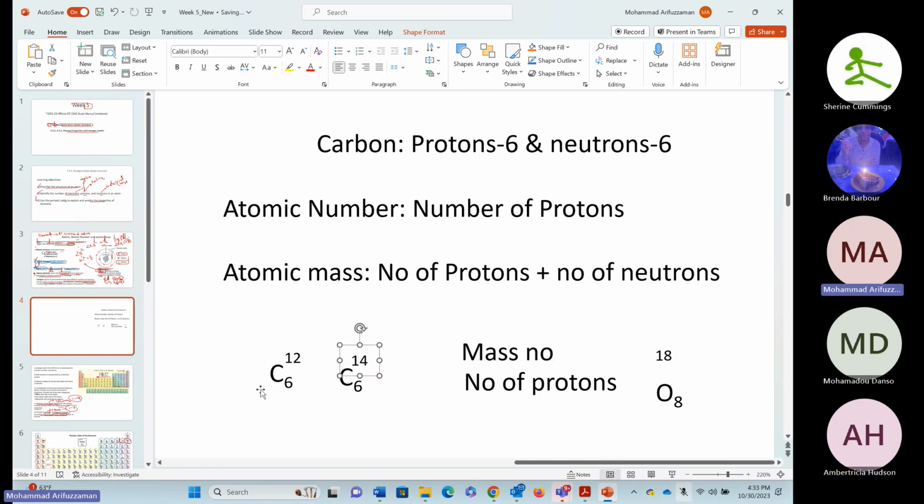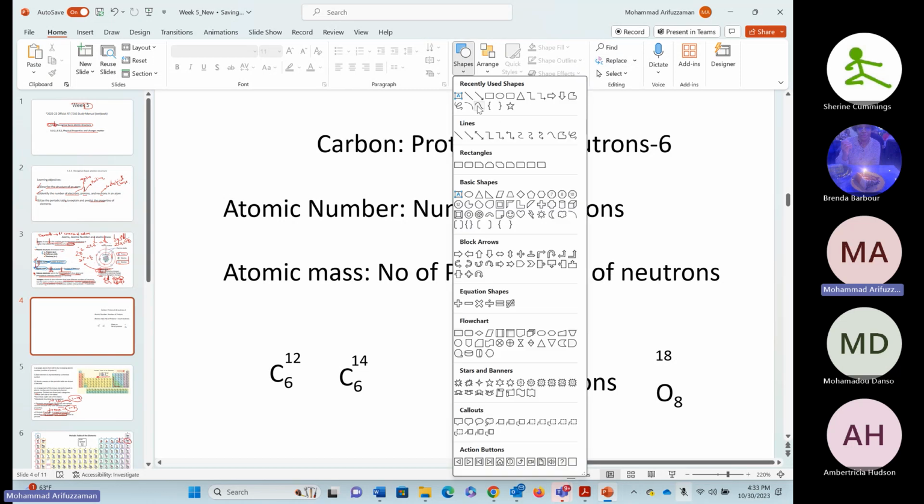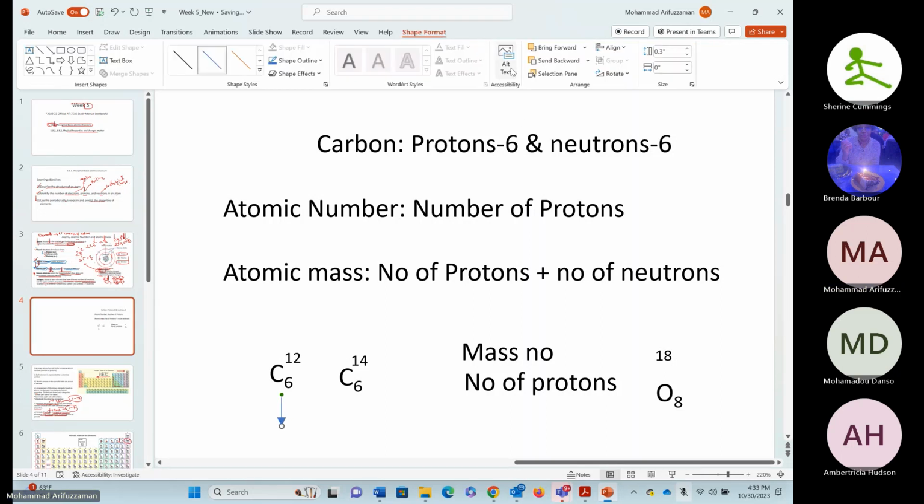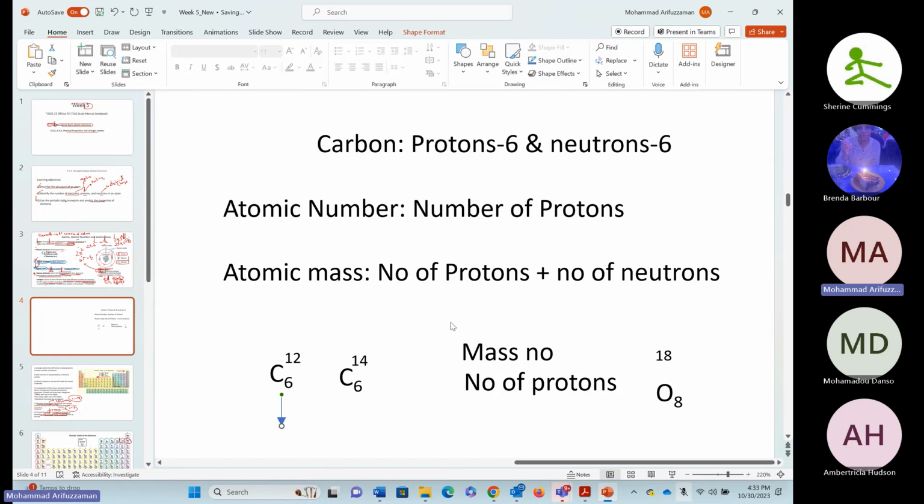Now can you calculate the number of protons here? For the first isotope, calculate the number of protons. It's 6. What will be the number of neutrons? Because this is the mass number, how can you calculate the number of neutrons?